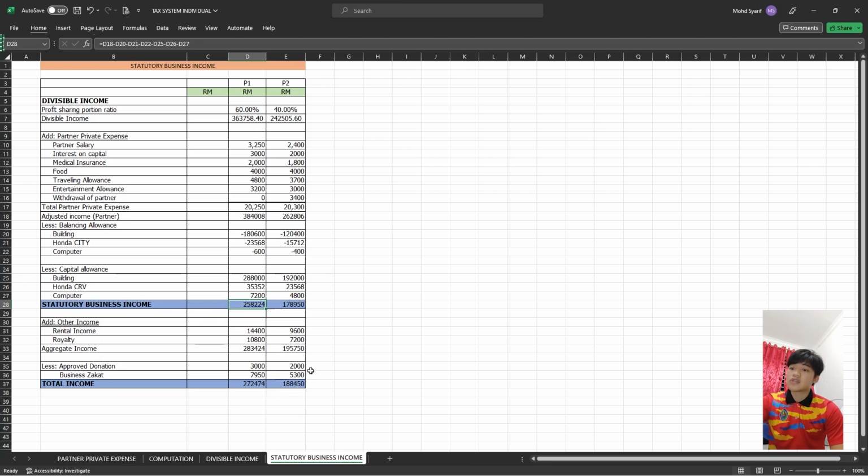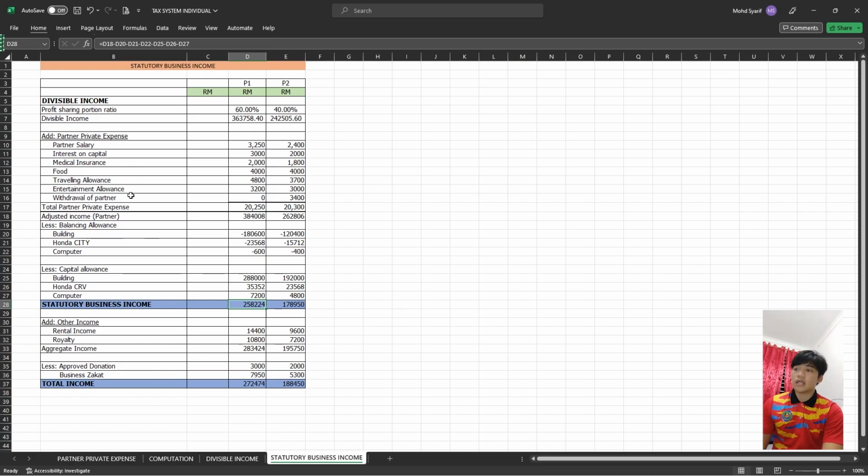This is the statutory business income. For this part, we portion it by ratio, which is 60% for Umar and 40% for Umaira. The profit sharing ratio has many effects on these computations, from the balancing allowances to the capital allowances.